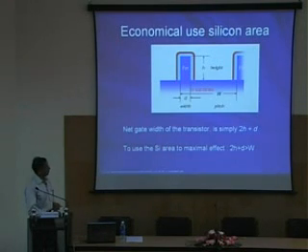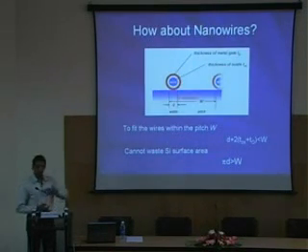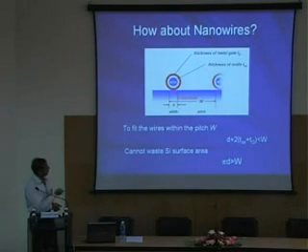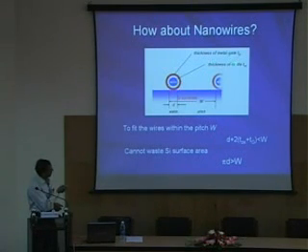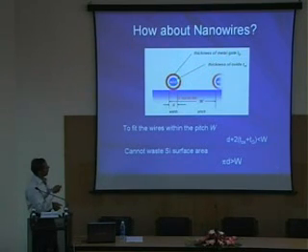However, if I use a nanowire in order to make a MOSFET, the nanowire is lying on top of this silicon substrate, and the diameter of the nanowire is d, and you have the gate oxide and the gate material. So if I call the gate oxide thickness Tox and the gate material thickness Tg, and the diameter is d, the total pitch that is required for the nanowire is d plus 2 times (Tox plus Tg).